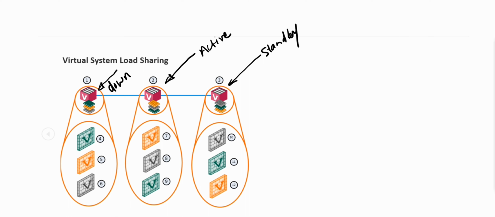In the event this comes back up and you have set up preemption, then this member will again become active, this member will go to standby and this one goes to backup, depending on your configuration. This is what happens when we fail over between the VSX gateways.